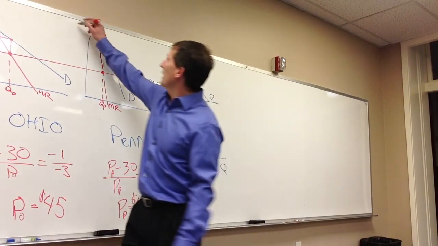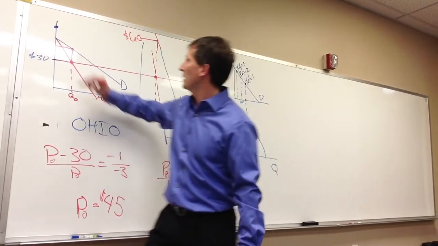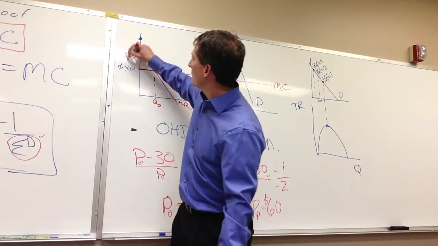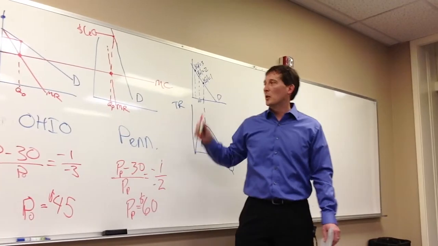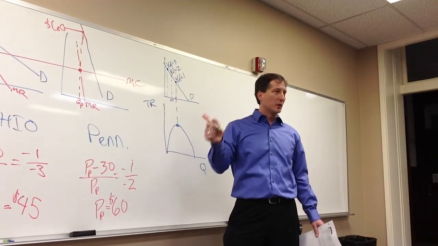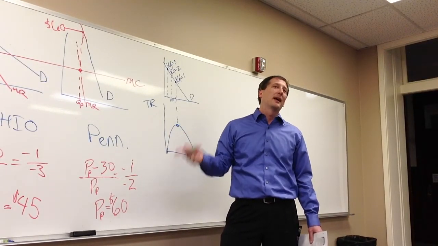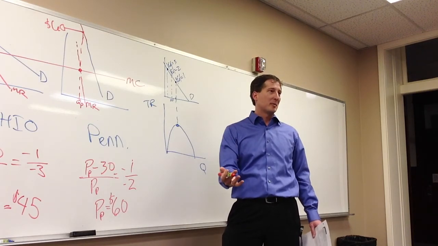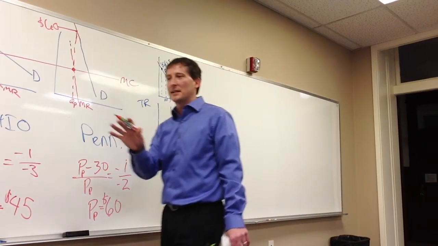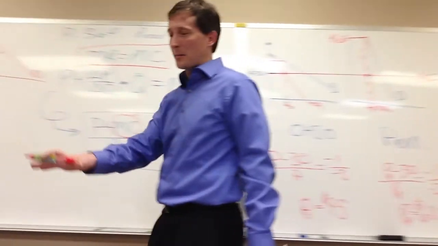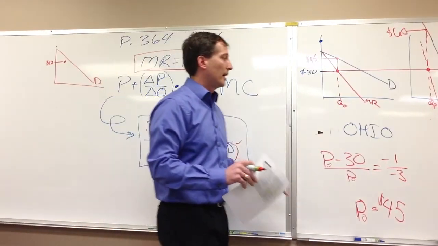Back up to this diagram. Graphically, we'd be thinking of that being 60 and this one being 45. That's one of the most common questions real-world businesses want to know. What should I do? How should I price my goods? So that's why it's nice to see this textbook, because this is something that separates this textbook from other ones.